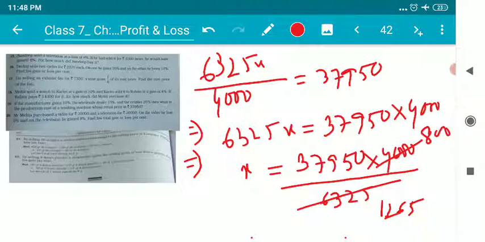If I cancel it with some bigger value, with 5 to the 10, 11, 12, yes, 5 with this one can cancel. 5 7s are 35.